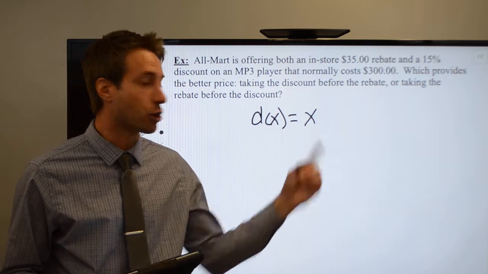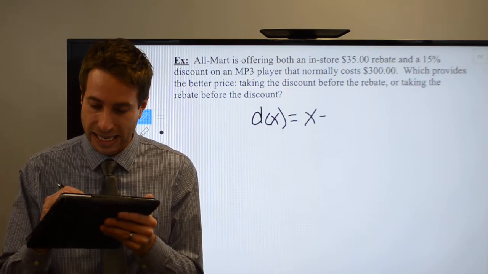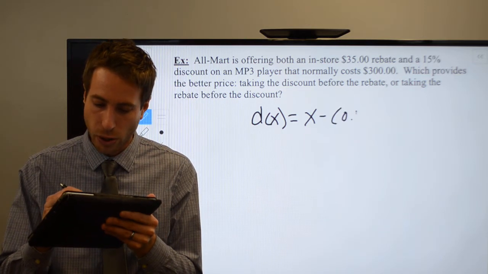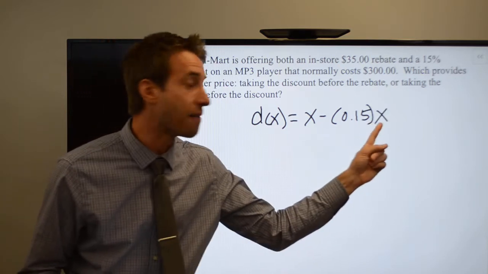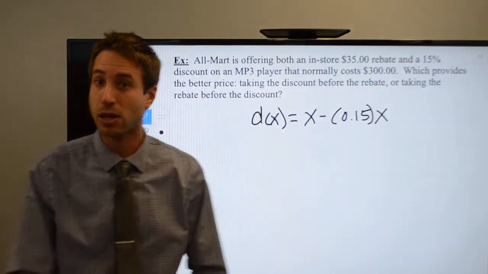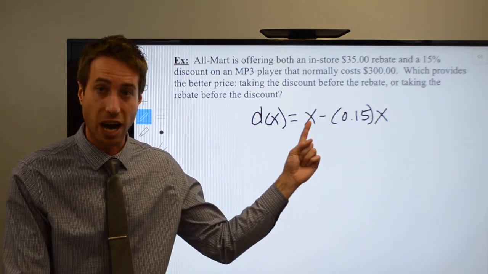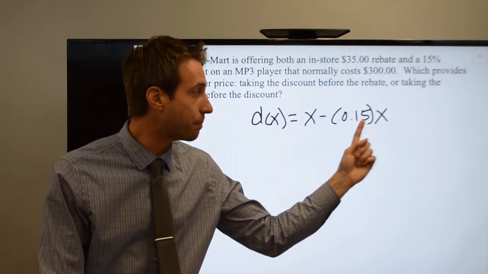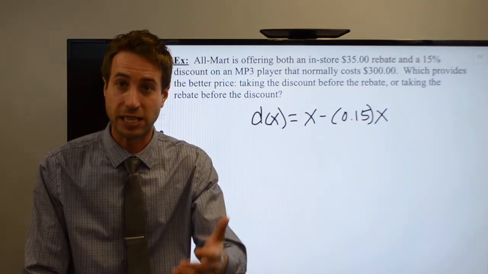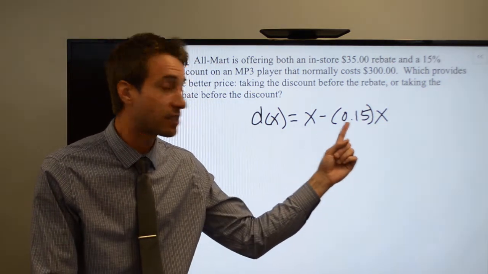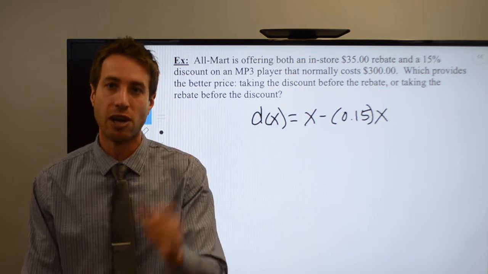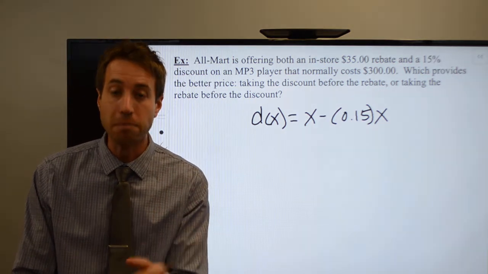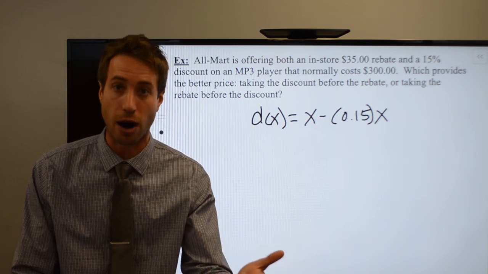So the original price of the item minus 0.15, 15% of whatever that price is. If the original price was $100, 15% of 100 is $15, so 100 minus 15 is $85, and you would pay $85 for a $100 item that is 15% off.